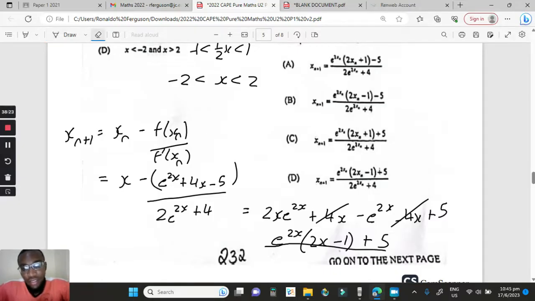So this is our numerator, e to the 2x, bracket 2x minus 1, plus 5. What's the difference between, oh, plus 5, my plus 5, D.